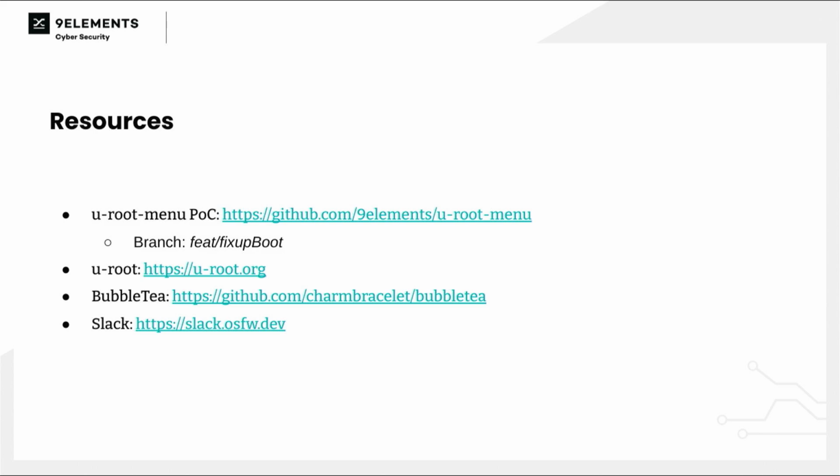You have to get an invitation first, but it's self-inviting. You can go to slack.osfw.dev, punch in your email address, and you will get an email on how to join our Slack channels. There you can talk to everyone who's working on open source firmware. There are something like 1,500 people registered on that Slack, so quite a few people hang around there.